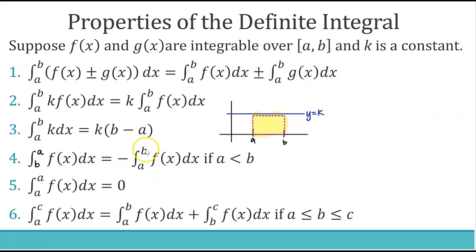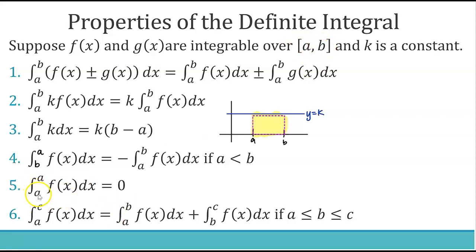We can make it a to b if we put a negative on the outside. So if we flip the limits of integration, it creates a negative in front of the integral. And again, that's if a is less than b. And we assume a is less than b because when we write intervals, we do smaller to bigger.